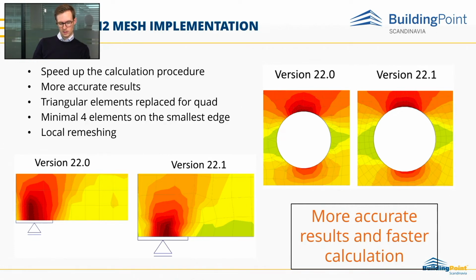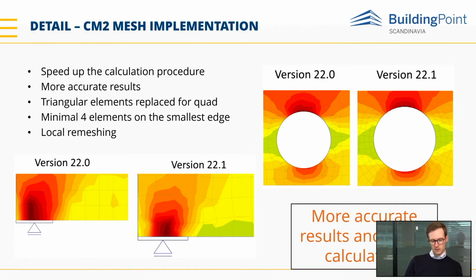So in IDEA StatiCa Detail, a new adaptive mesh has been implemented that adapts the mesh according to the shape of the discontinuity and optimizes the number of elements, so that at least 4 elements describe the stress on the smallest edge. That leads to an increasing number of elements in the parts where the singularity area appears, for instance, openings and supports. And that will lead to a reduction of the element number in the other areas. So it's more efficient.